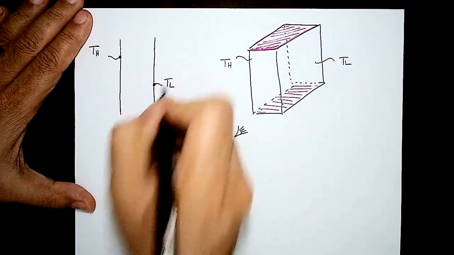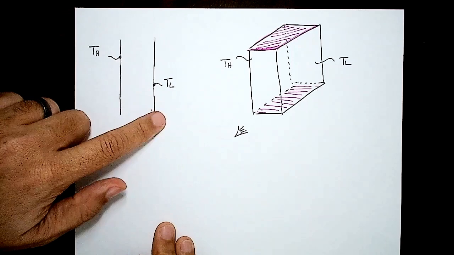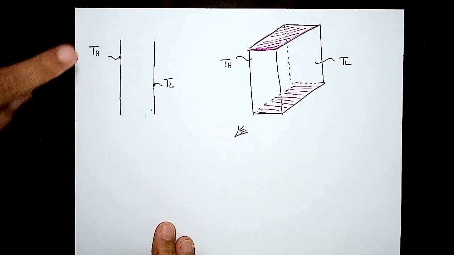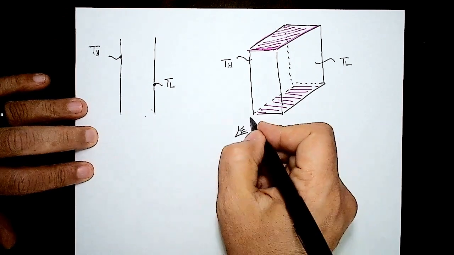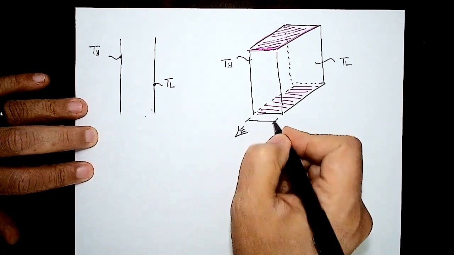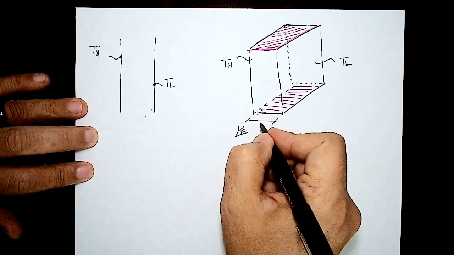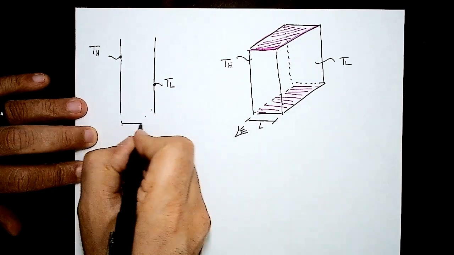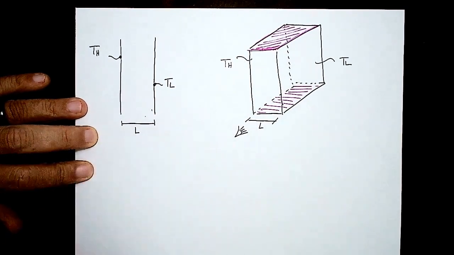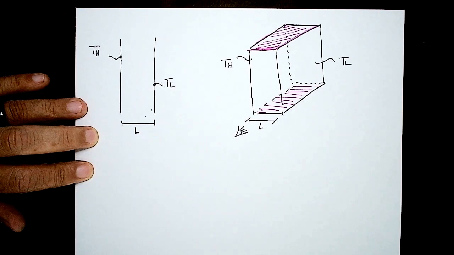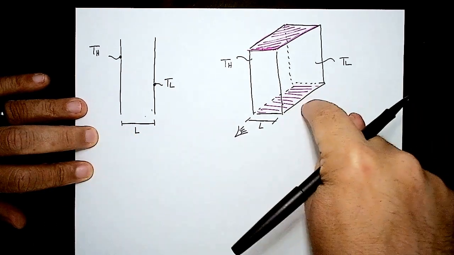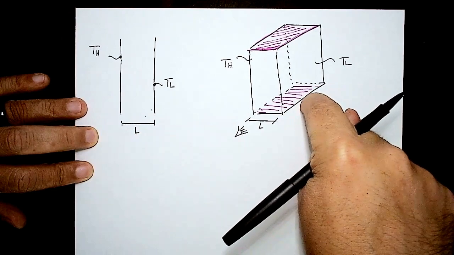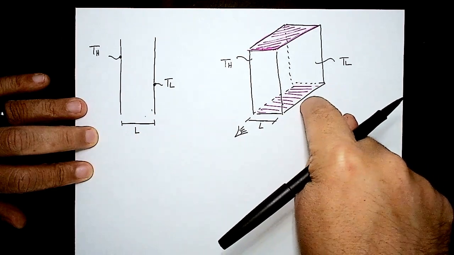And you will realize that I wrote TH higher than TL. That indicates that that face has a higher temperature compared to that face. This is the thickness of that wall here. I'm going to call that L, which can be transferred into that 2-dimensional drawing as L. Remember, this is a projection of an XYZ body, right? So we are dealing with X, Y, and Z.